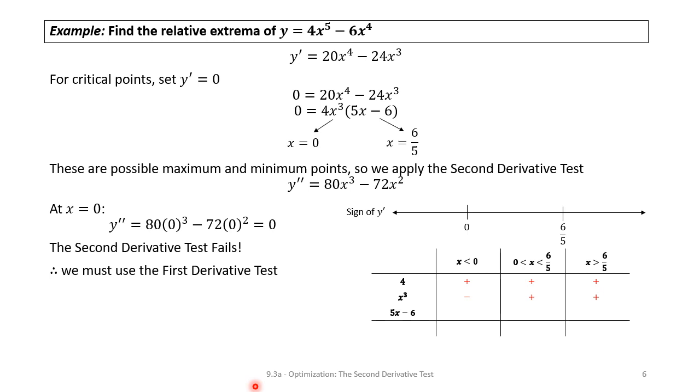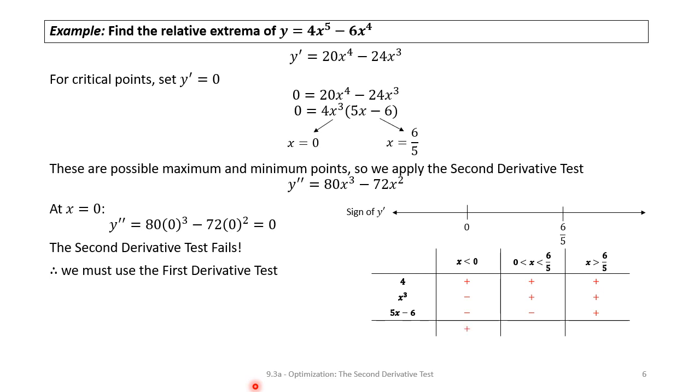If we consider a number like x equals negative 1, we'll get negative 5 minus 6, which equals negative 11. That's a negative number. For the region between 0 and 6 over 5, let's take the value 1. So 5 minus 6 will equal negative 1. So again, another negative number. And for x greater than 6 over 5, we can take the number 2, and that'll be 10 minus 6, and that'll be a positive number.